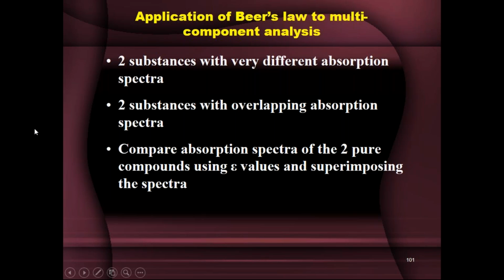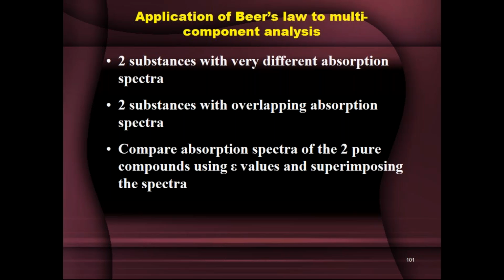But suppose you're talking about a number of drugs and you want to find out the concentration of each drug. You would have heard about tablets which have more than one drug. Say, for example, Calpol Plus. You all would have heard about Calpol, which has paracetamol alone, and you also have Calpol Plus, which has paracetamol with ibuprofen. So here we have two drugs. So it's a combination formulation, more than one drug.